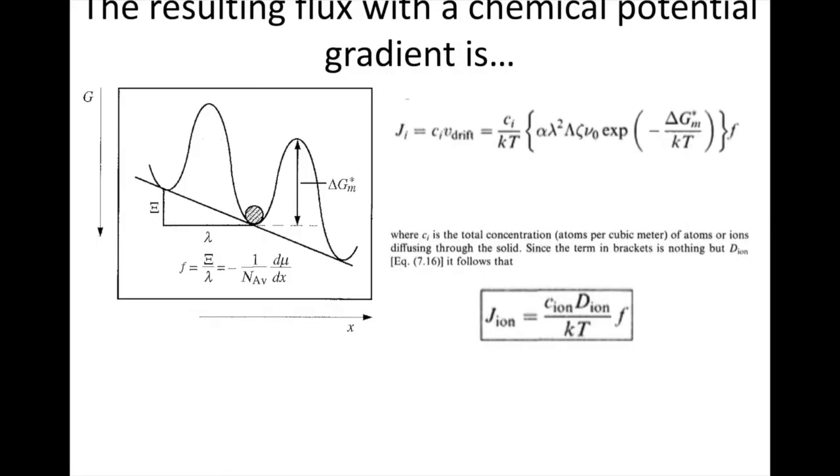So I want you to, oops, sorry, let me go back. I want you to look at this a little bit more and notice this concentration times the diffusivity. We saw that in the previous section come up, as that was the part that was conserved between ion and vacancy. And you're seeing the same diffusivity times concentration term show up here, but here it's related to the flux.